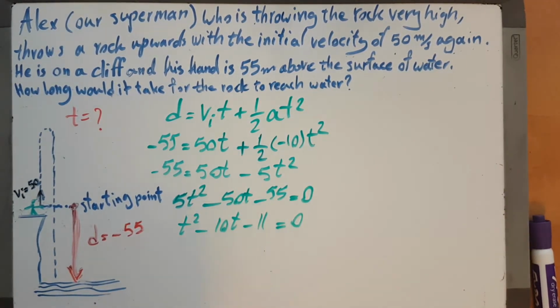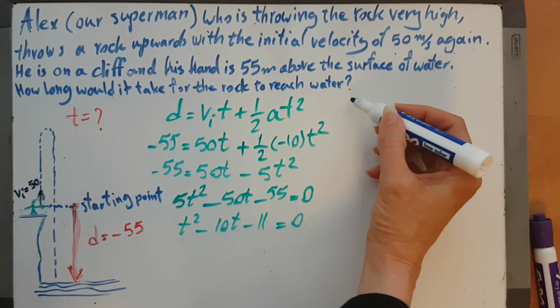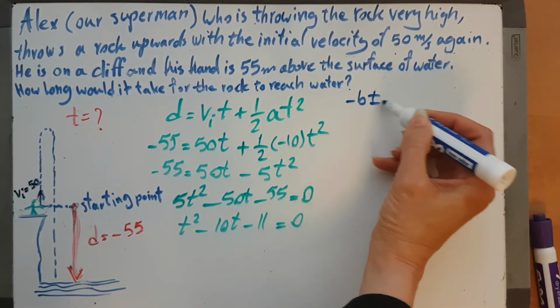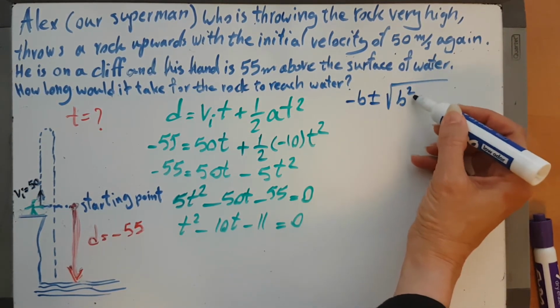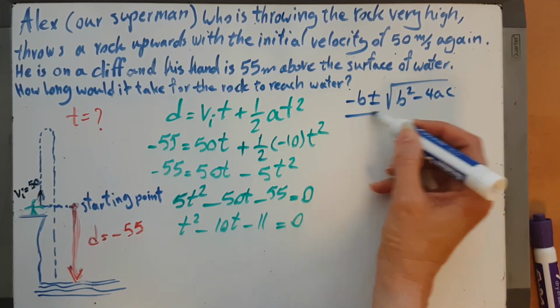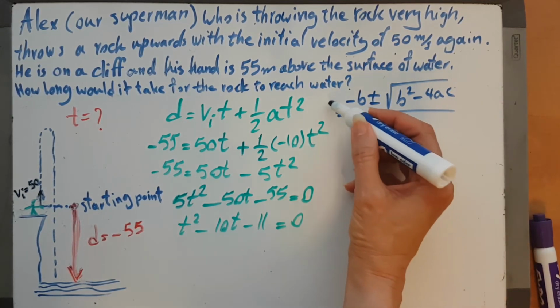I know that my formula is minus b plus or minus the radical of b squared minus 4ac, divided by 2a, and this would be my t.